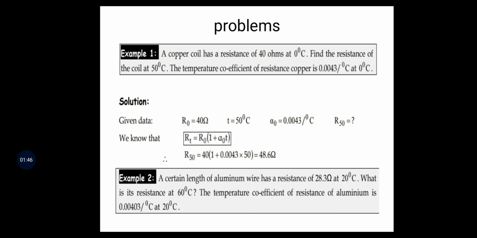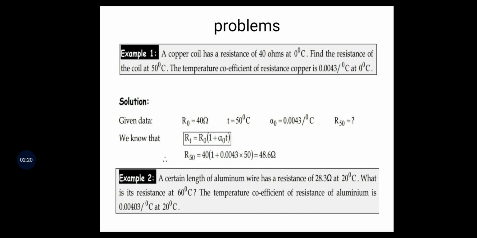So we know the basic formula. Resistance at any temperature, RT equal to R0 into 1 plus alpha naught T. Here R50 equal to R0 value 40 into 1 plus alpha naught.